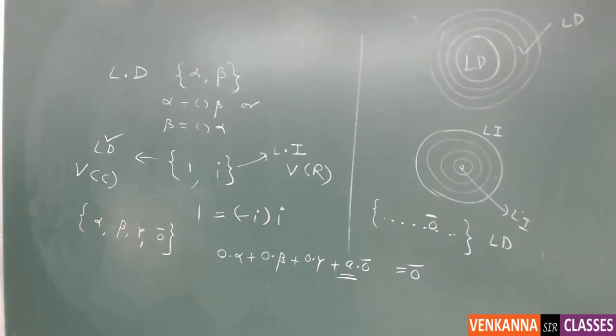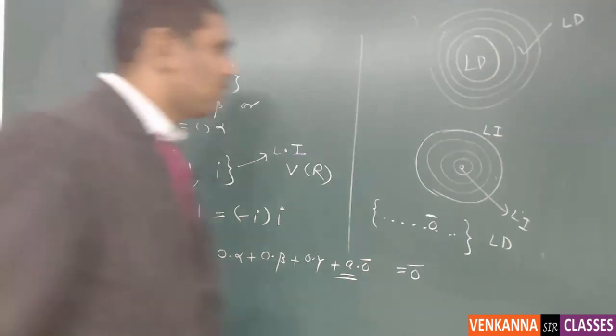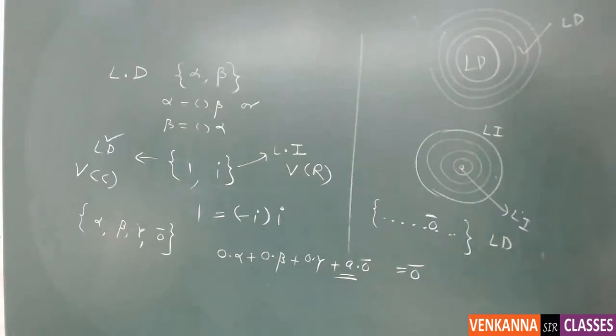So from this perspective, whenever you mention an independent set, all the vectors are non-zero. If I have mentioned that it is a linearly independent set, all the vectors in that set are non-zero vectors. And I can say two more results.